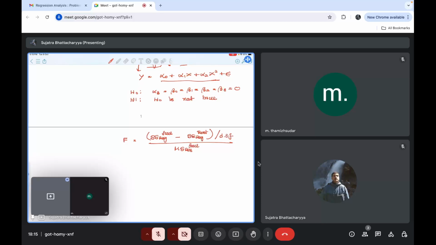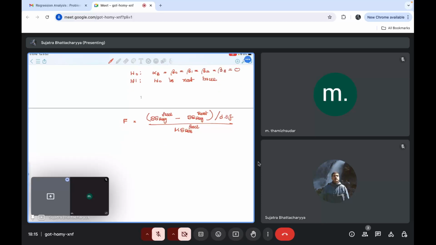So let us talk about the degrees of freedom slightly. Just look at SS total. How many degrees of freedom? There is only one constant because it depends only on y, the y data set. So SS total has n minus 1 degrees of freedom. Correct? Because this never changes.